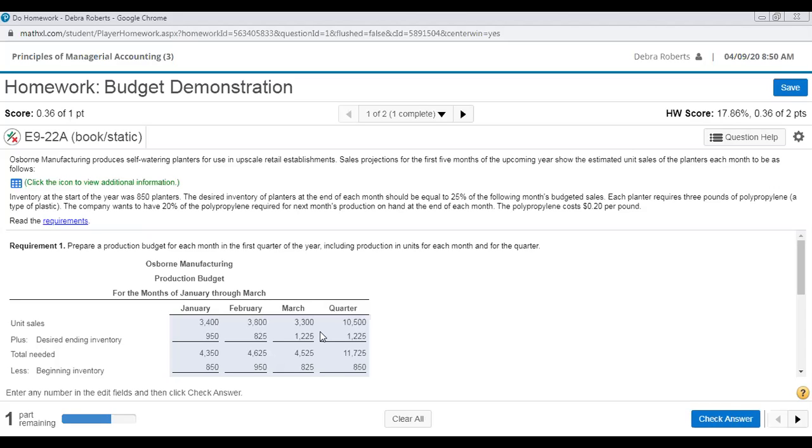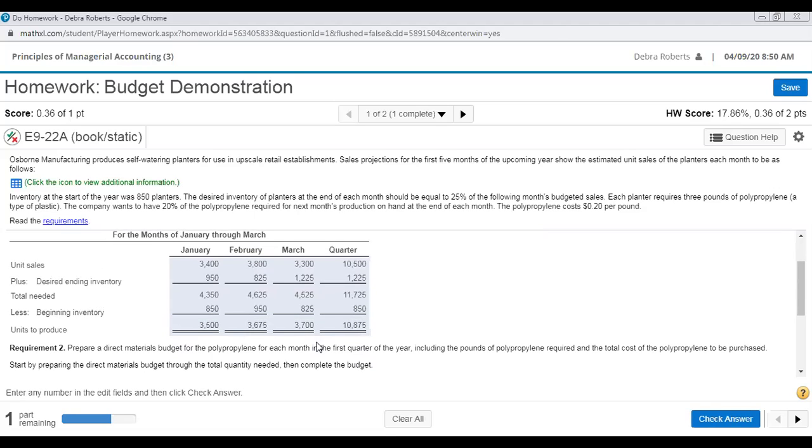Your project is going to be looking at the entire master budget, but I had hoped that you would do the individual budgets first to get practice and understand what information you need before jumping into doing the entire master budget.